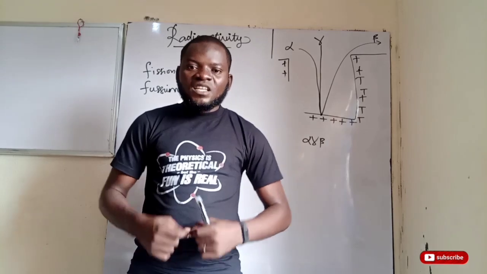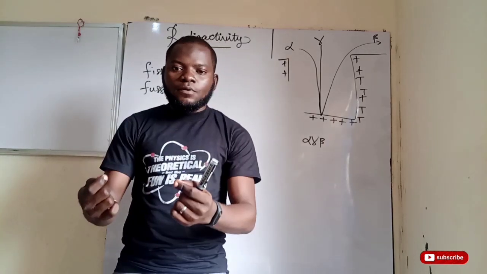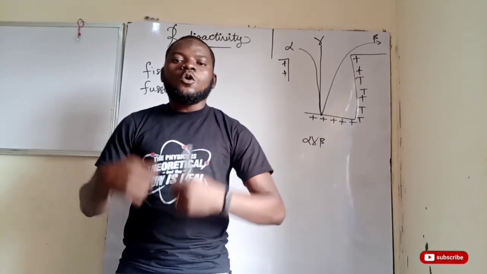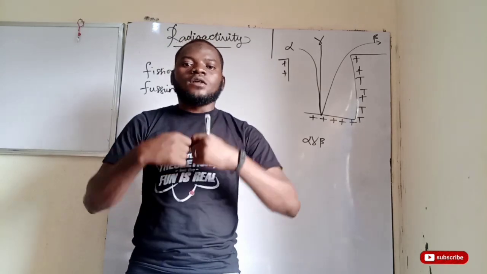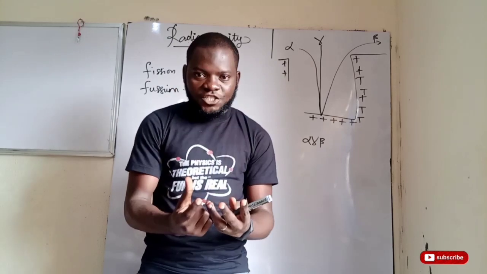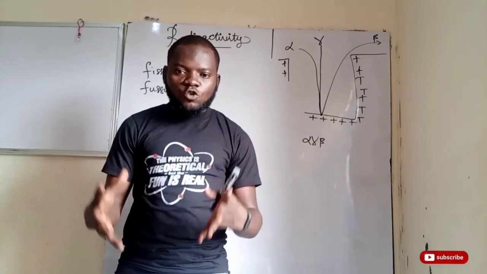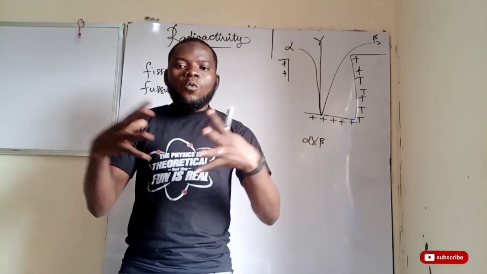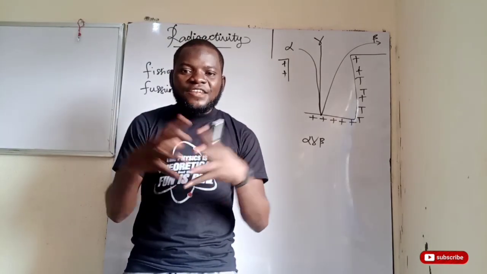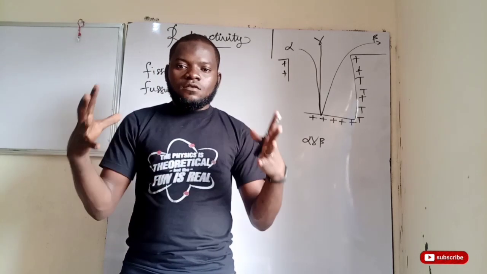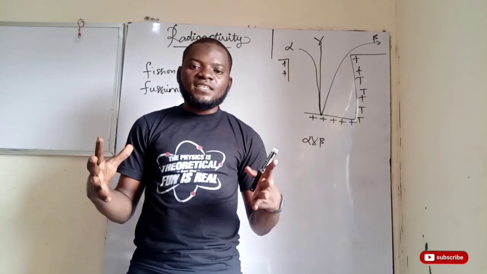Nuclear fission is the splitting up of an heavy nucleus to a lighter nucleus with amount of energies which are very huge. And when you talk about fusion, it is when two lighter nucleus come together to form an heavy nucleus. Is that taken now?